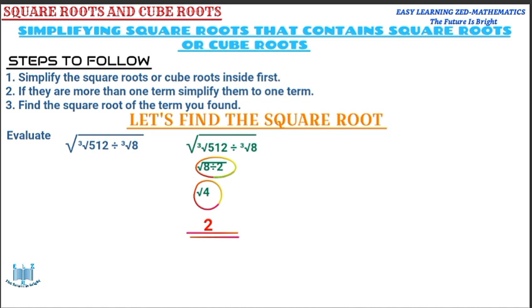For cube roots, you can check the video entitled cube roots as well as perfect cube. Basically, this is what you do when you are simplifying square roots that contain square roots or cube roots.